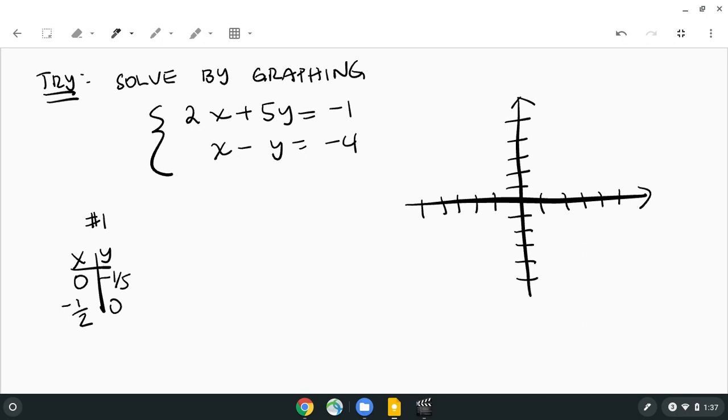So 0, -1/5, and -1/2, 0. So right here. Okay, equation number 2. When x is 0, y is +4. When y is 0, x is -4. So 0, 4, 1, 2, 3, 4, right here. -4, 0. 1, 2, 3, 4.